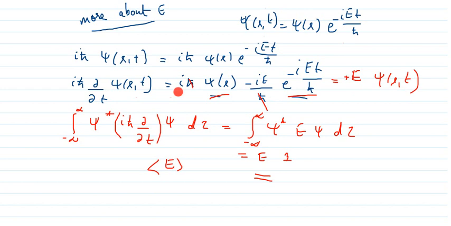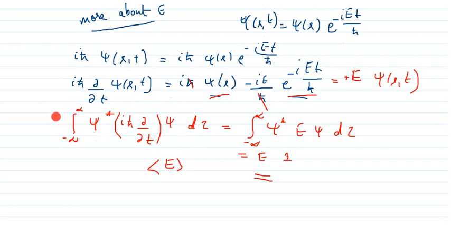Now what we are going to do is multiply this equation with psi star and integrate it all over the space. So this equation becomes integral minus infinity to plus infinity psi star i h cut dou by dou t into psi of r comma t d tau.